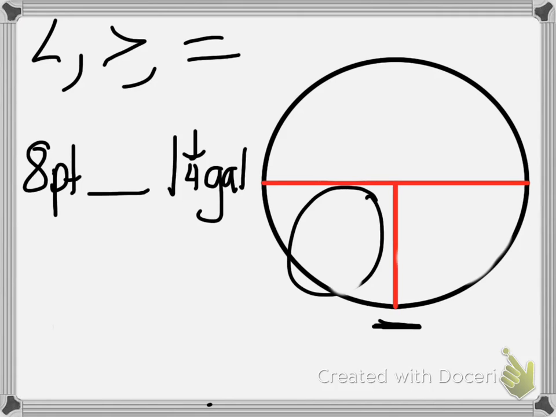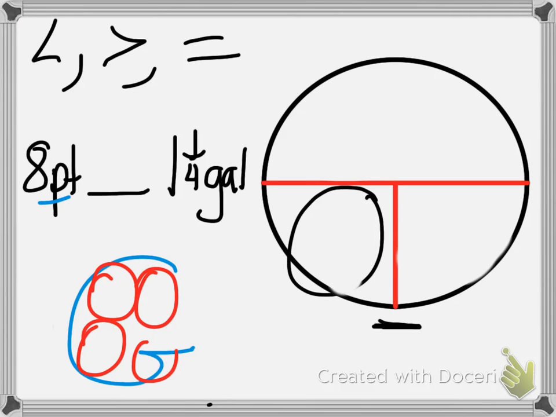Okay, so if I look at 8 pints and 1 1/4 gallon, I want to know if 8 pints is less than, greater than, or equal to 1 1/4 gallons. So we could look at our gallon man again, and even though I erased him, I can redraw him. I've got the G, and all I'm going to need to do is pints, really, to my gallons. So now I've got my 4 quarts, and then let's get one more color in here. We'll do a little yellow for my pints.